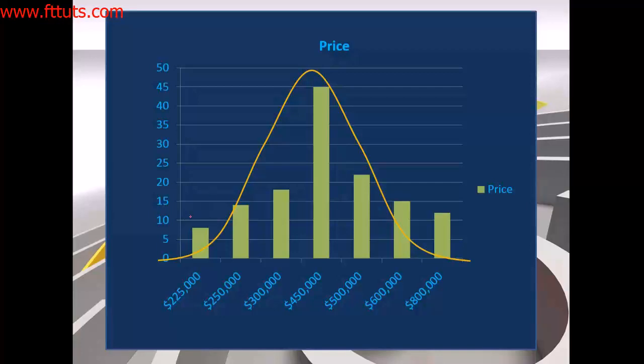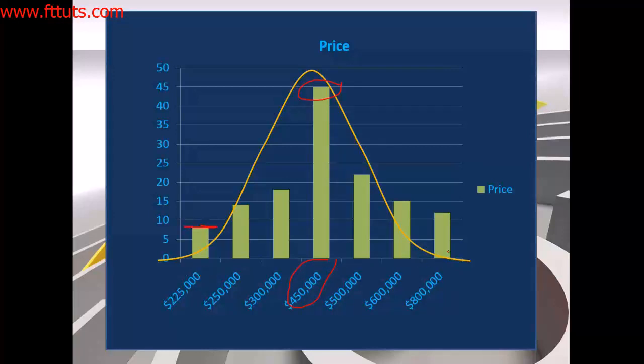All right, this tells us that here we had about 7 or 8 homes sell at $225. So this was a steal, whoever managed to buy it, because the majority of the homes, if you take a look here, 45 of them were sold at around $450. So if you picked something up at $225, that was a good deal.